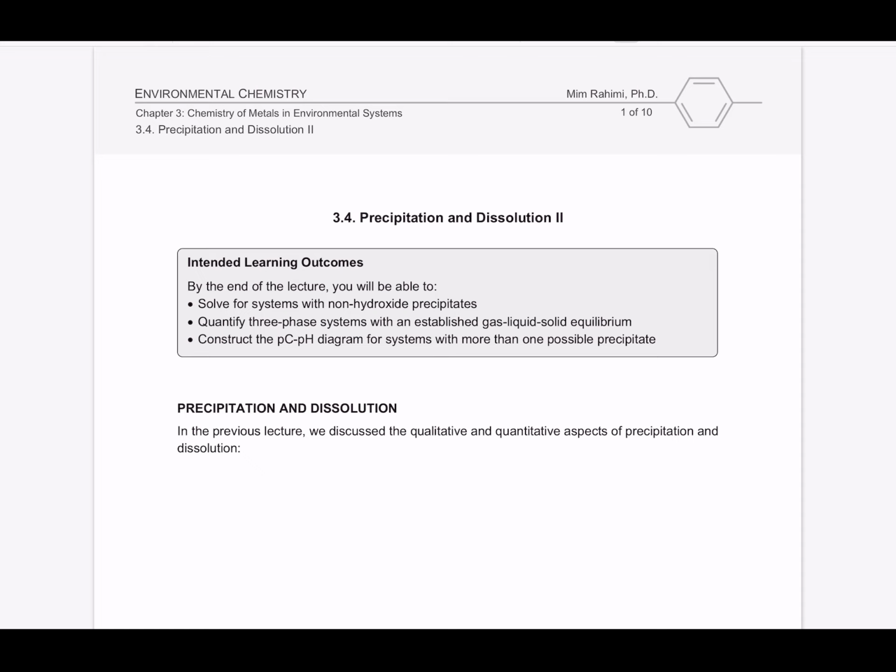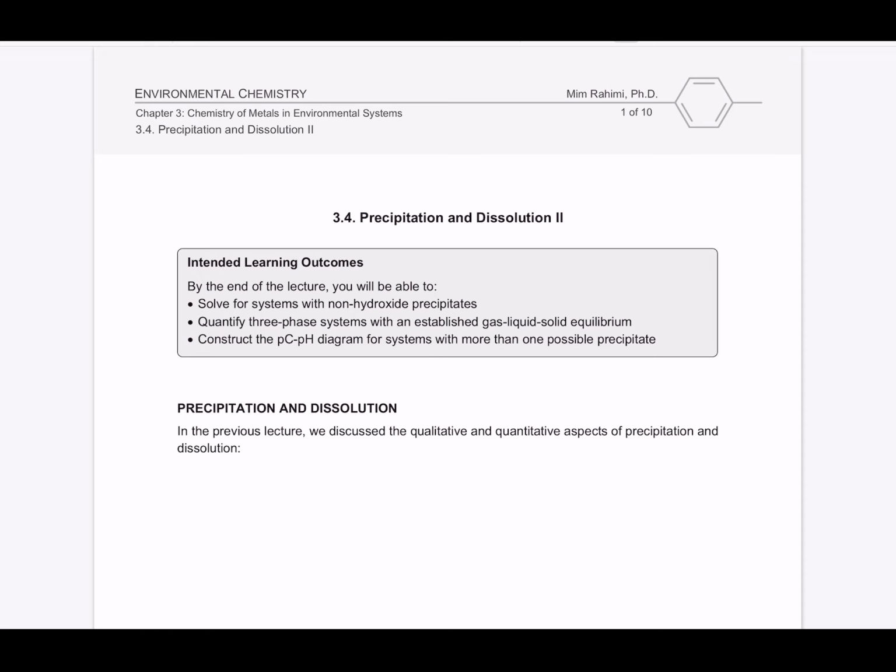So the first part, precipitation and dissolution, we discuss basically KSP, the solubility product. It means we also have potential precipitation when we have metals with some of those ligands that we discussed in the first two lectures of the chapter.